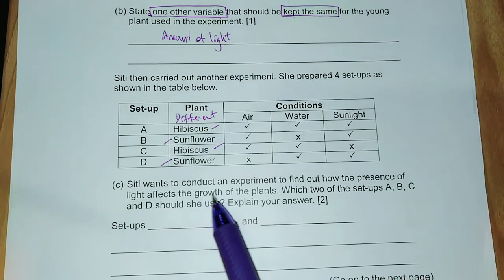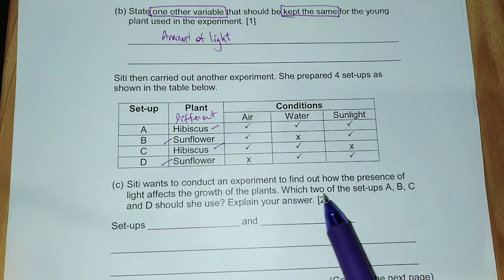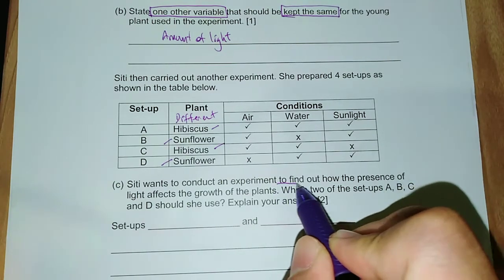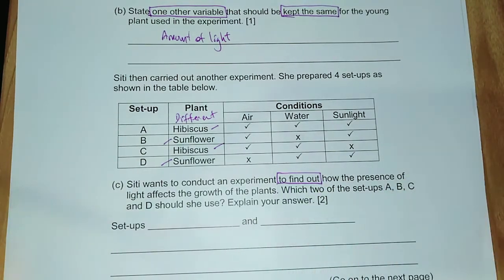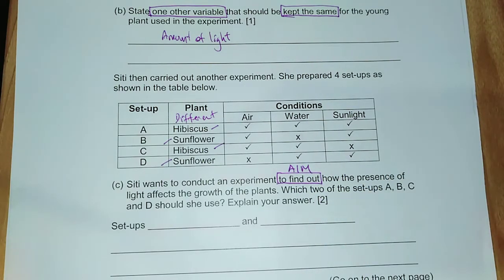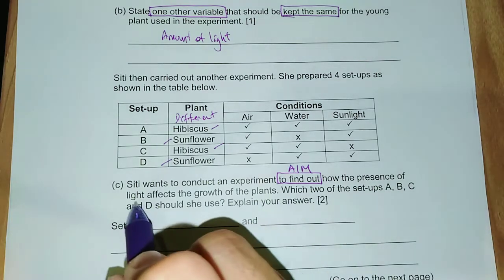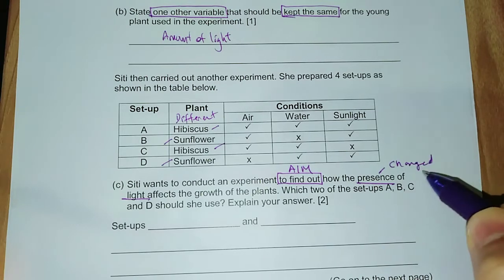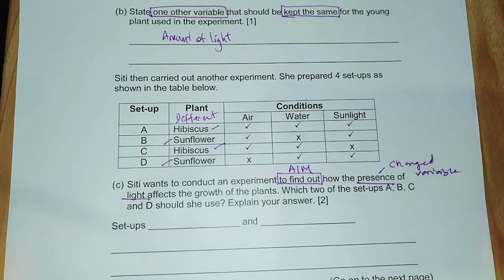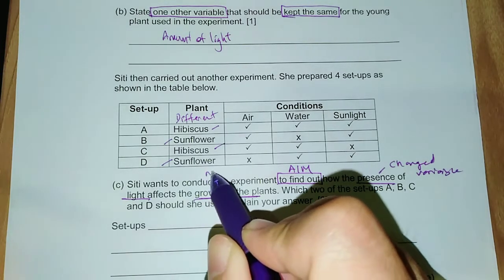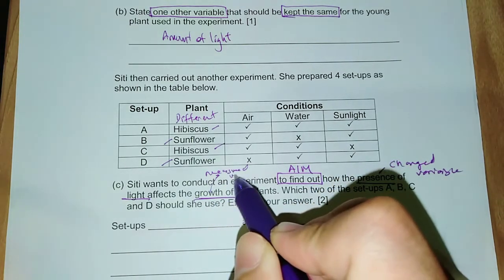Now, CT wants to conduct an experiment to find out how the presence of light affects the growth of plants. This part, to find out, means the aim. It shows you how the presence of light affects the growth of plants. So here, the presence of light will be the changed variable, and then growth of plants here will be the measured variable.